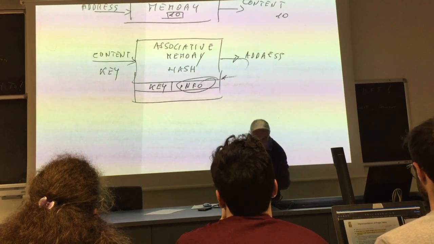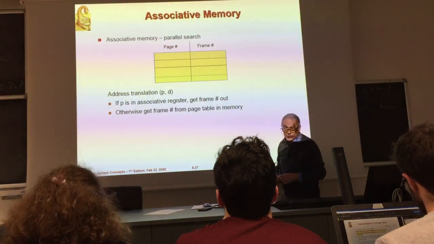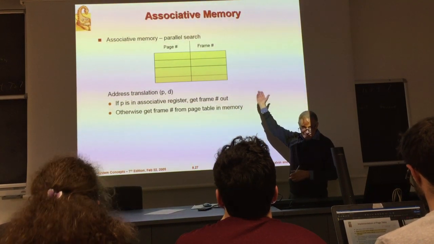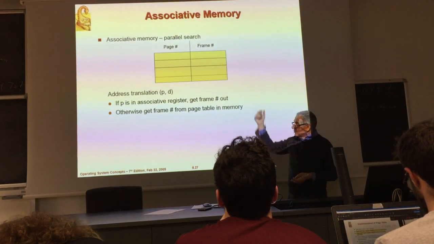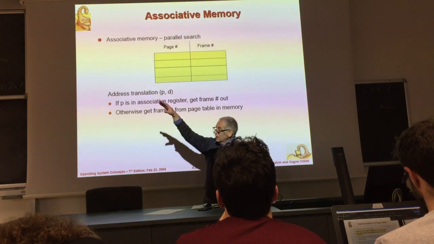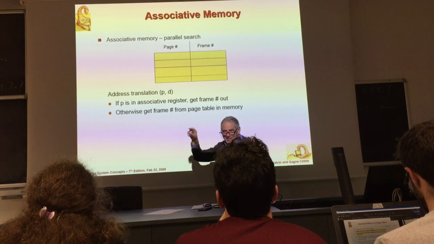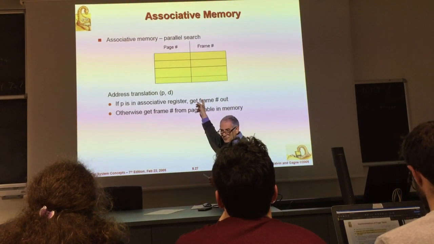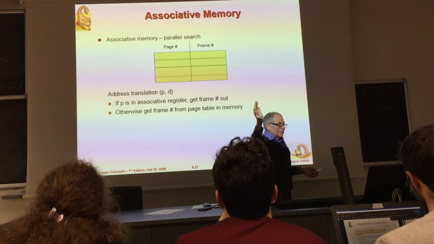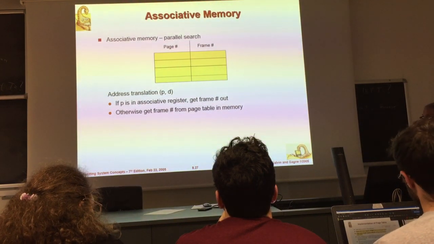We could use an associative memory to associate as a key the page and as information the frame. But in this case, we must have a mechanism that doesn't look at every line of this associative memory to get the page and frame association. It must be done in parallel by hardware and fast enough.